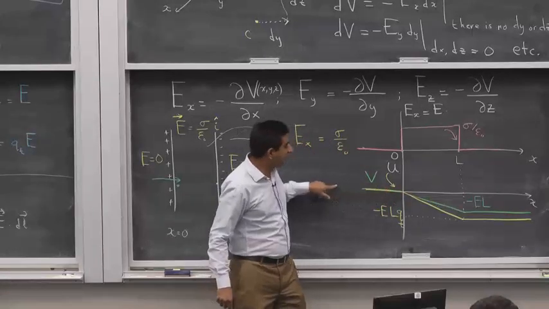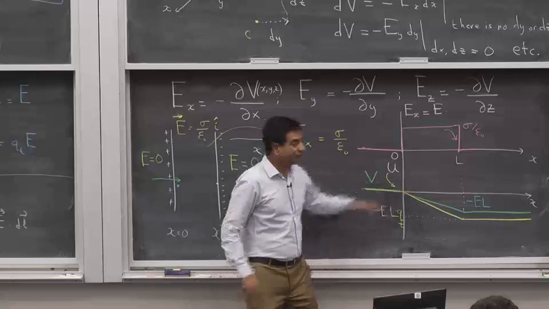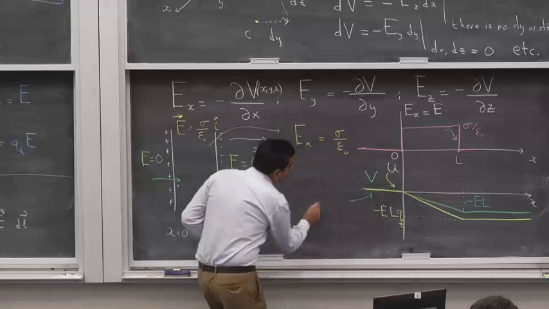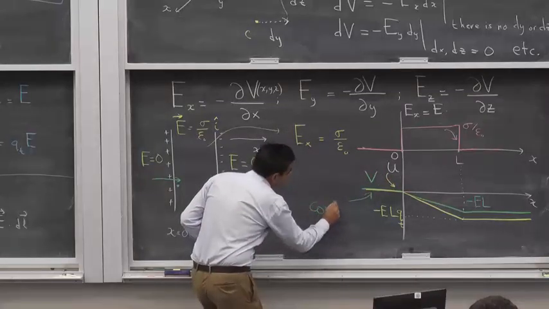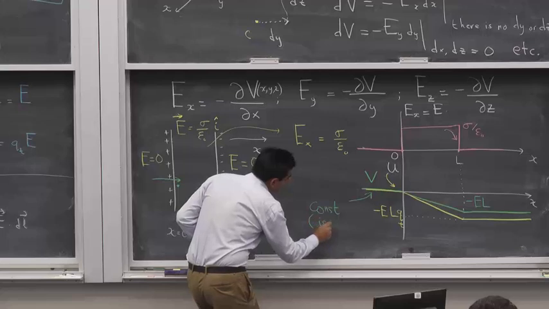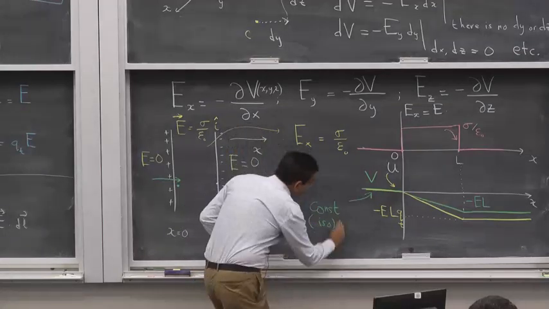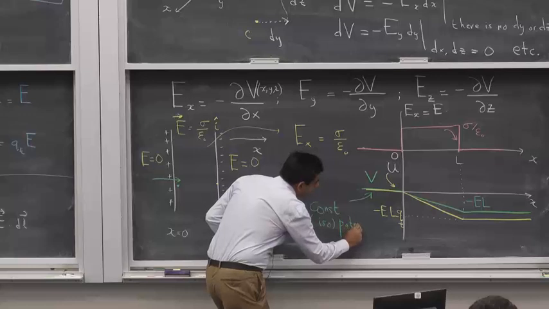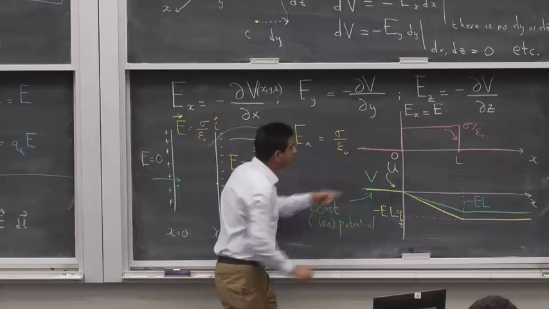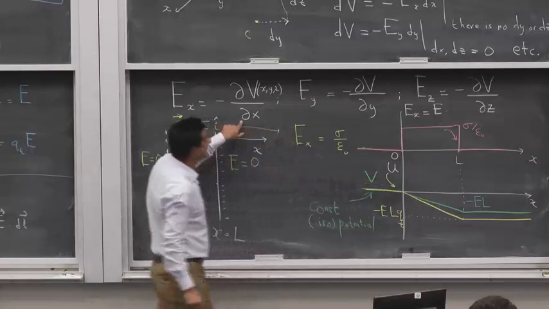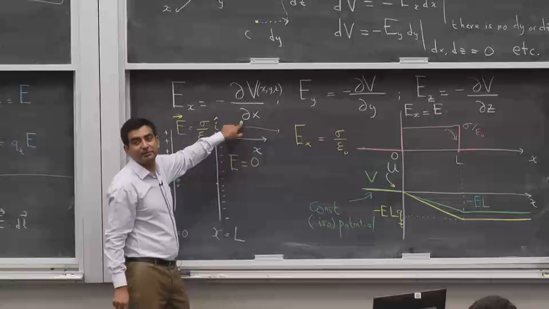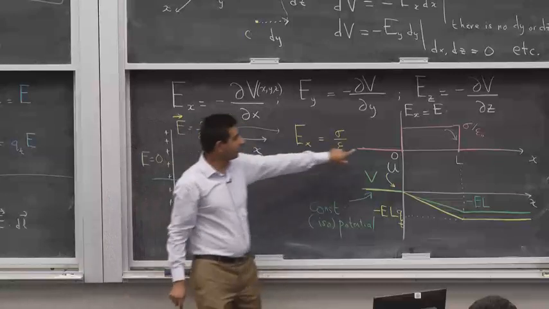This graph is 0, which means it's a constant potential. So this region is of a constant potential or an isopotential region. Iso means constancy. In this constant potential region, if I take the derivative with respect to x, this is 0. The electric field is 0.